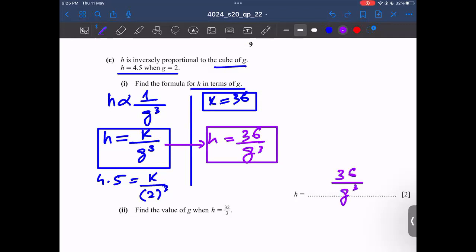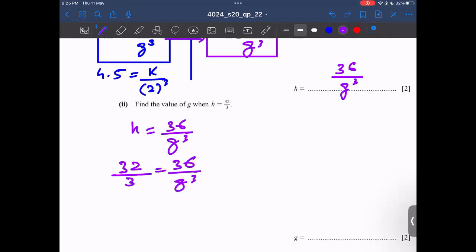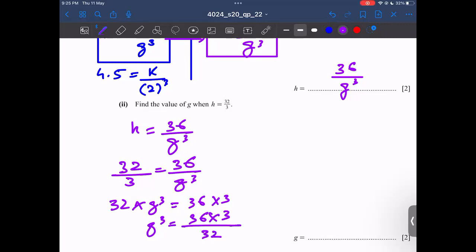Now it says find the value of g when h is 32 by 3. h is equal to 36 upon g cube. So when h is 32 by 3, they are asking for the value of g cube. So I'm going to cross multiply these values. 32 multiplied by g cube equals 36 multiplied by 3. The value of g cube is equal to 36 multiplied by 3 divided by 32, which is 27 upon 8.